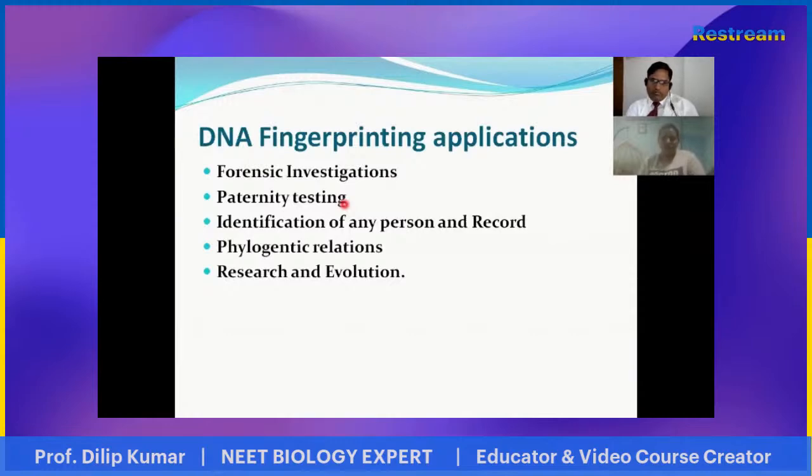Next, the fourth one, that is the phylogenetic relations. Phylogenetic, do you know the meaning of phylogenetic? Phylogenetic means the arrival from the old into the new. It is a relation of individuals, because we are at the present time and we are evolved animals from our ancestors.